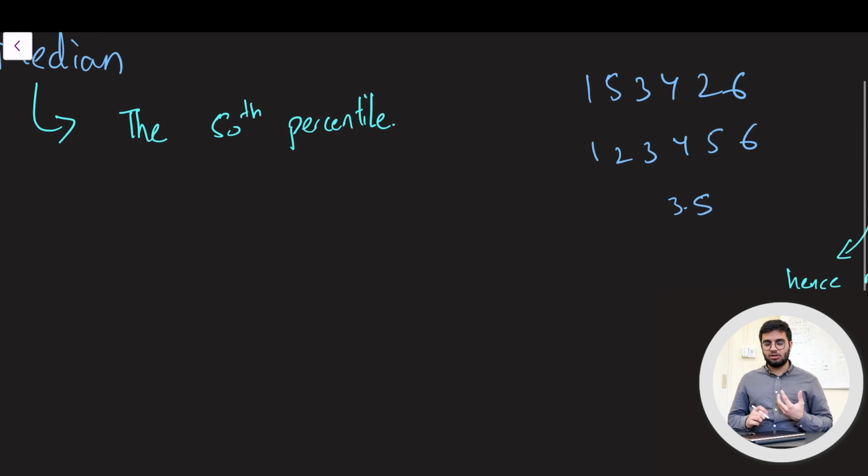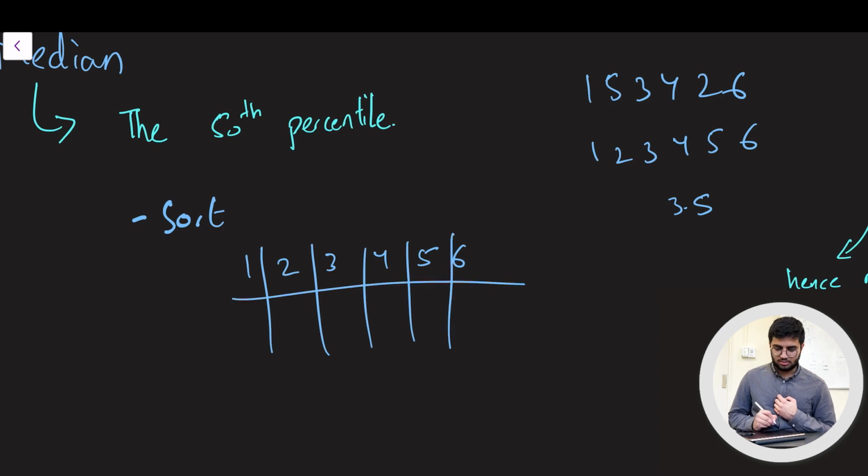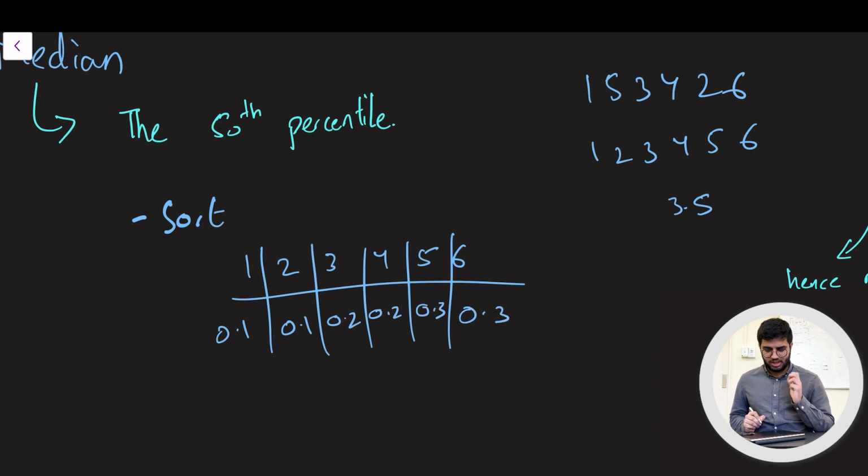But now, since you have probabilities as well, that's going to come into play. First of all, the first step is the same: sort your possible outcomes. If it's a roll of an unfair dice, for example, you have these outcomes and you have their probabilities, let's say 0.1, 0.1, 0.2, 0.2, 0.3, 0.3, just for ease of access.